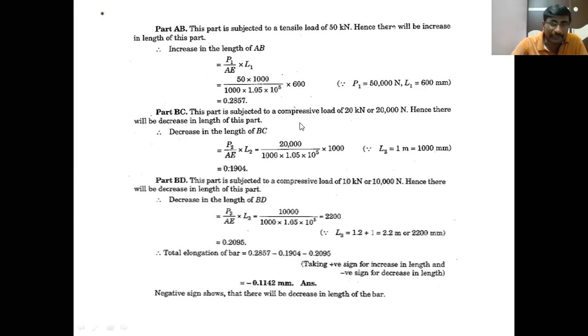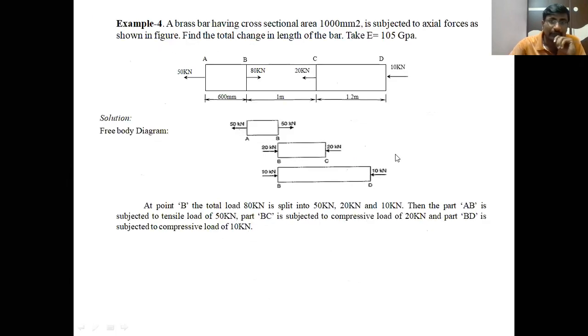So we can write 20,000 newtons divided by, L2 is 1000 mm. Length of the second part is 1000 mm. Let us see the diagram once again. It is 1 meter, and 1 meter means 1000 mm.